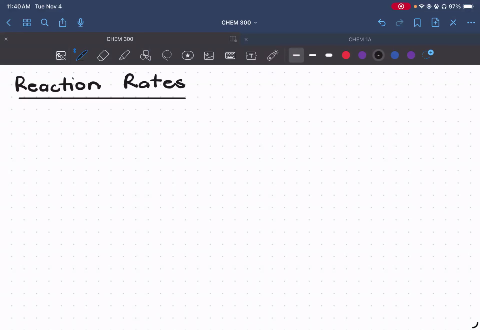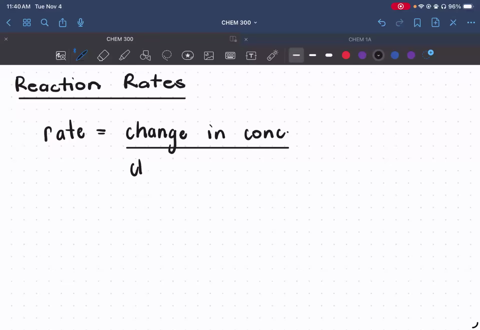Well, we can actually give a very simple definition to rates. We can define rate as a change in concentration all over a change in time.